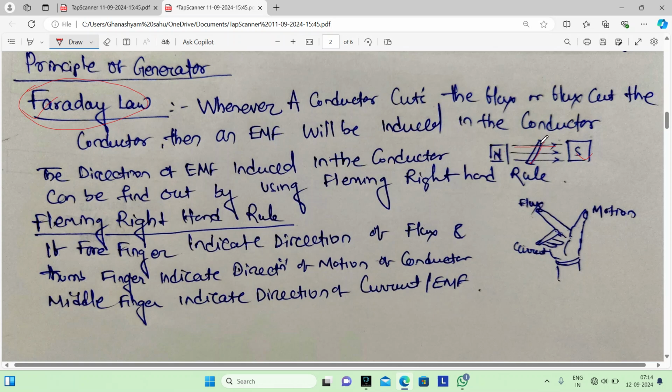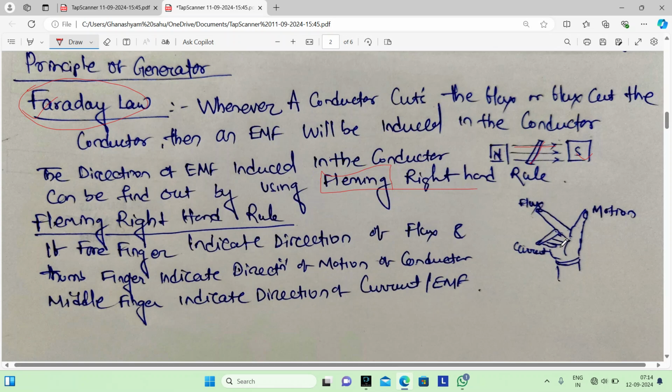This is the principle. The direction of EMF induced in the conductor can be found by Fleming's right hand rule. So what is Fleming's right hand rule? This is also a rule made by another scientist named Fleming, that's why it is called Fleming's right hand rule.